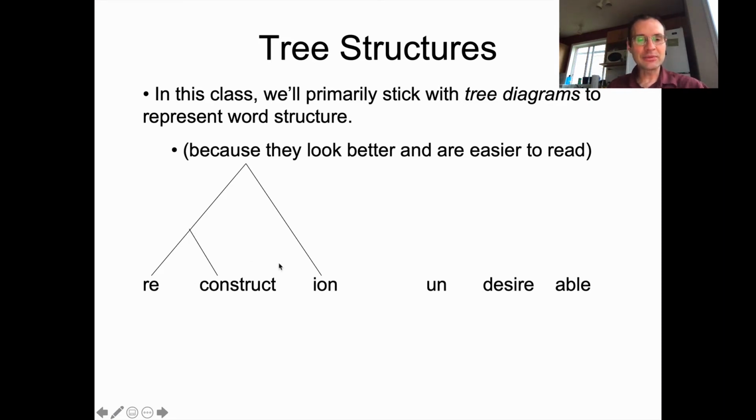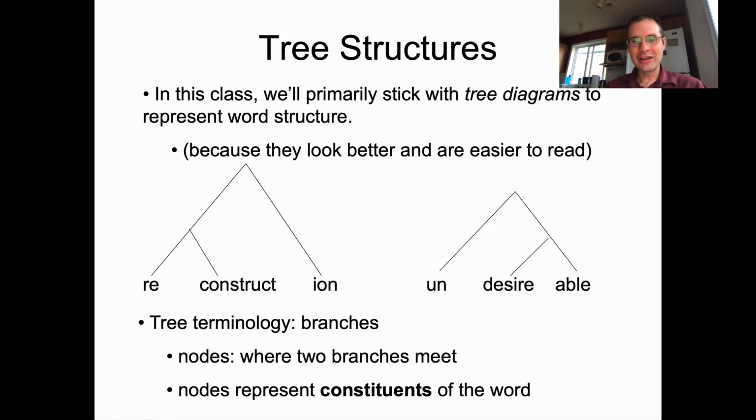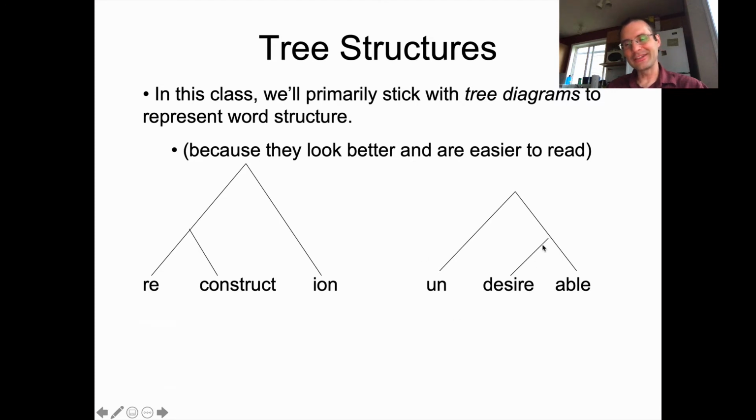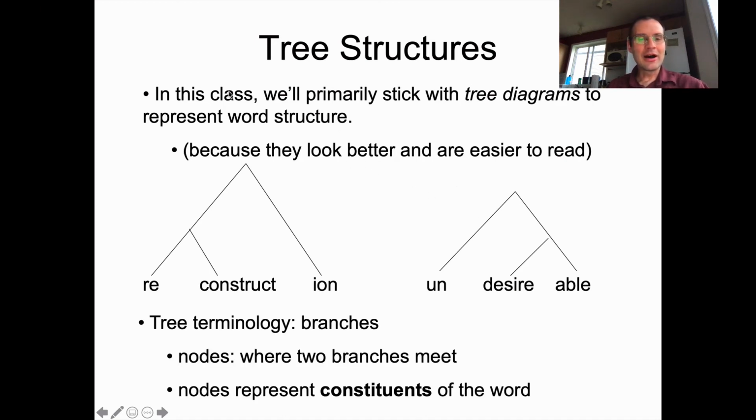And then after those come together, you add the "ion" to get a higher level structure, combining the whole thing together. I've got undesirable here. This one's a little bit funny, but the way it's showing it to you is that desire attaches to "able" first, so you get desirable as a word, and then you add "un" to it afterwards to get undesirable. I'll say a little bit more about this structure in a minute.